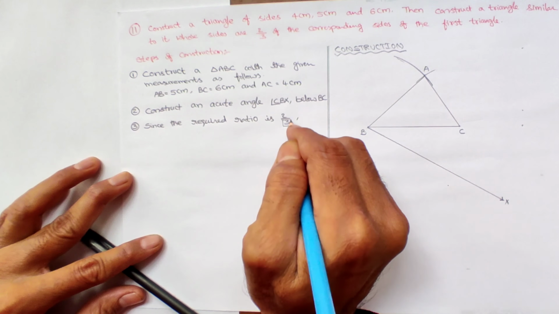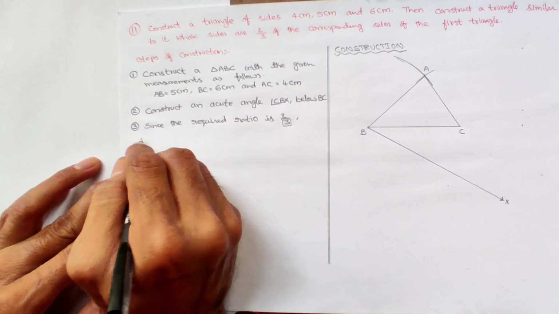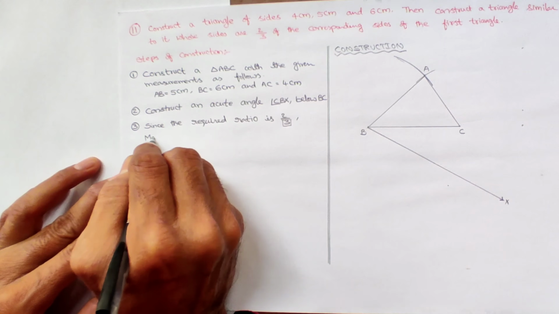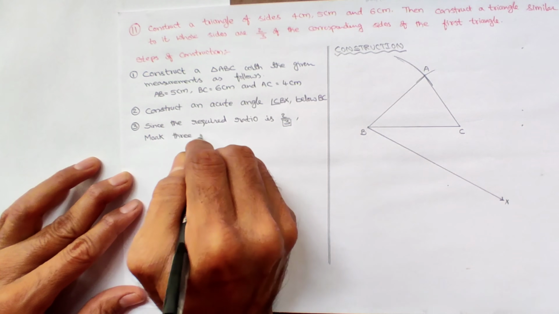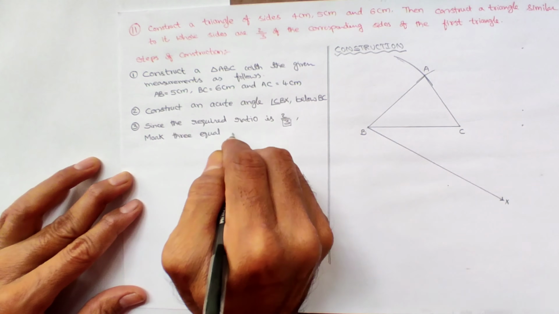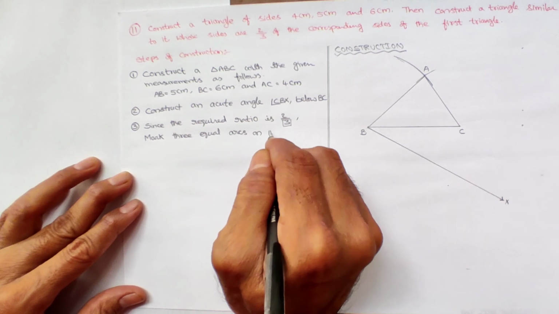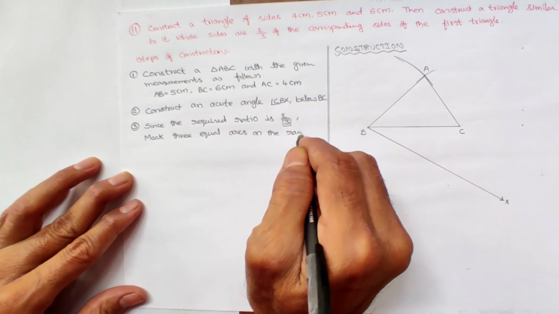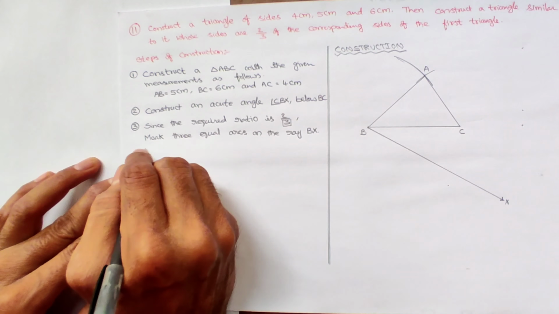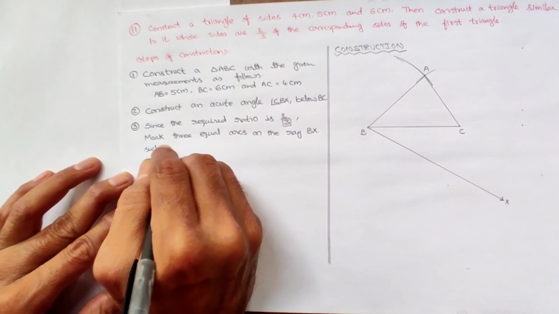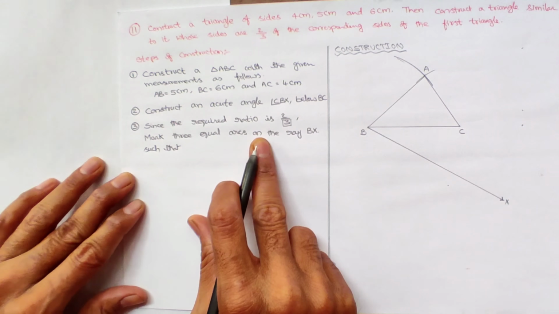So let us mark 3 equal arcs on the ray BX, with the condition that the arcs are equal.